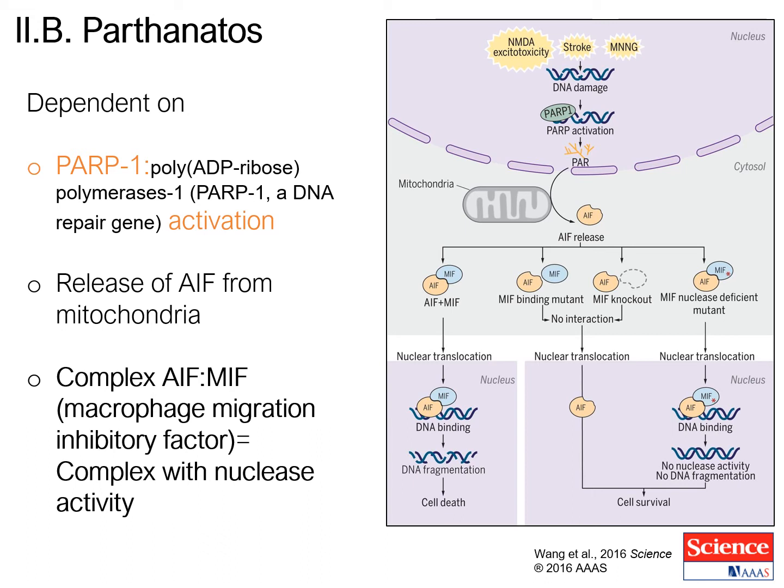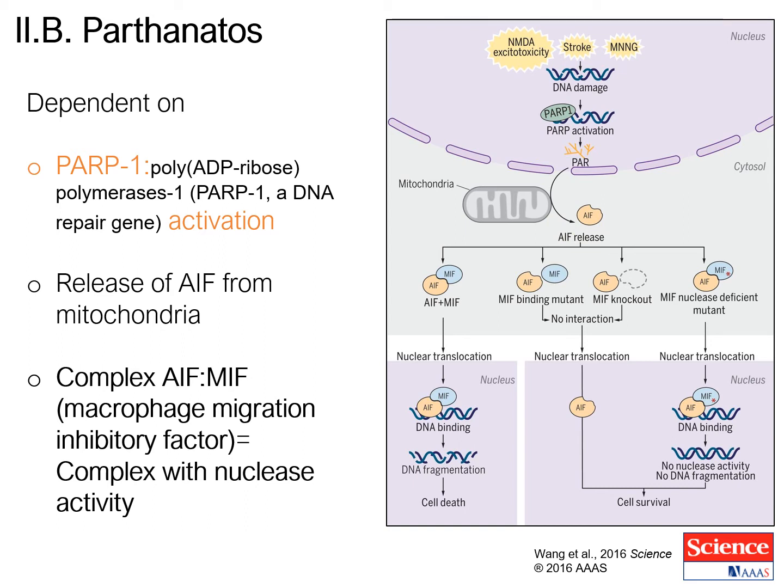So what happens is that when PARP1 is activated upon DNA damage, it causes an accumulation of poly-ADP ribose that is released into the cytosol, and that causes the mitochondrial AIF to be released into the cytosol.